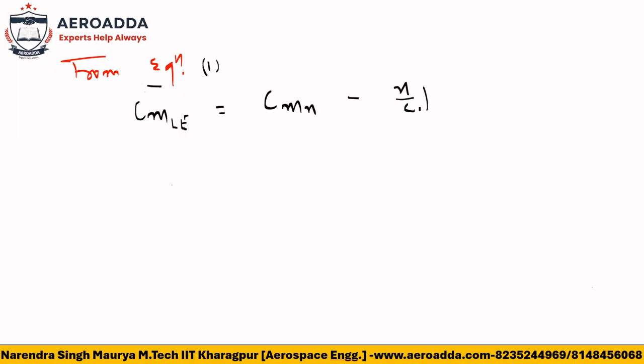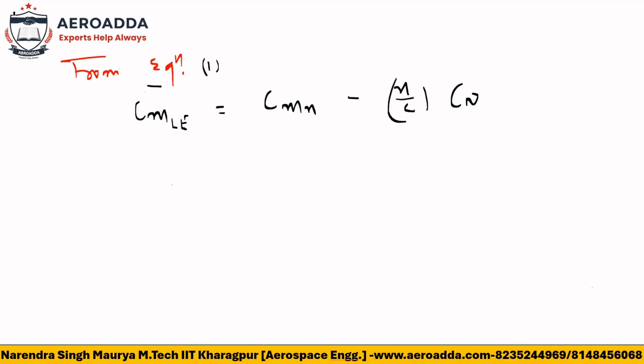Now we have to use the same governing equation that we had written for the moment about the leading edge. From equation 1, if you remember, the moment about the leading edge CML was equal to CMX minus x by c into CN. That was equation 1.